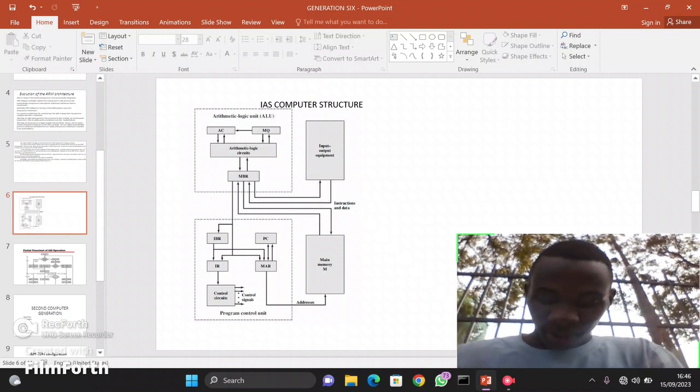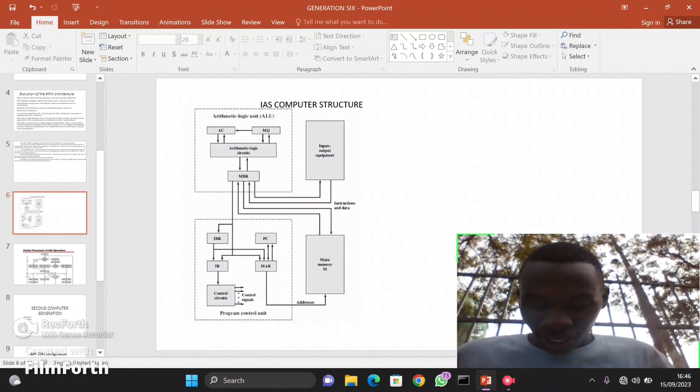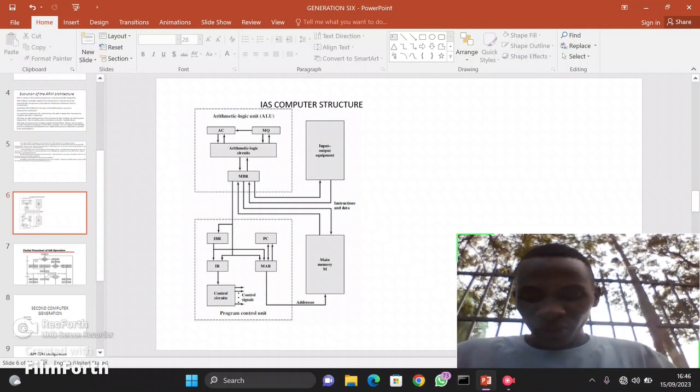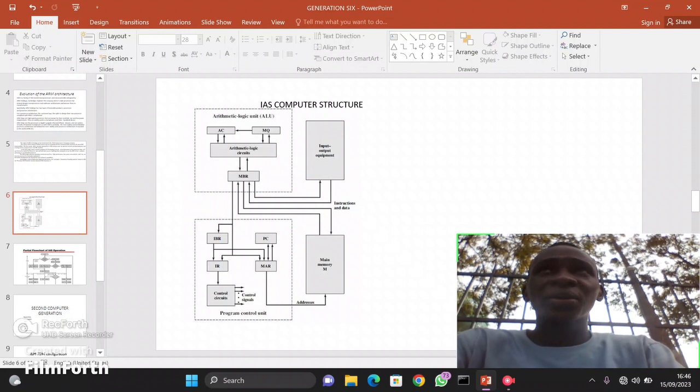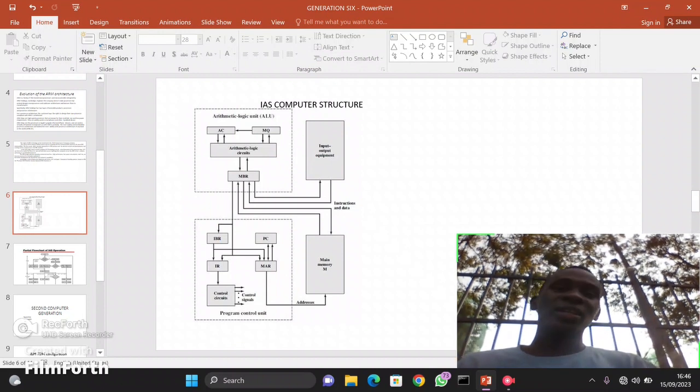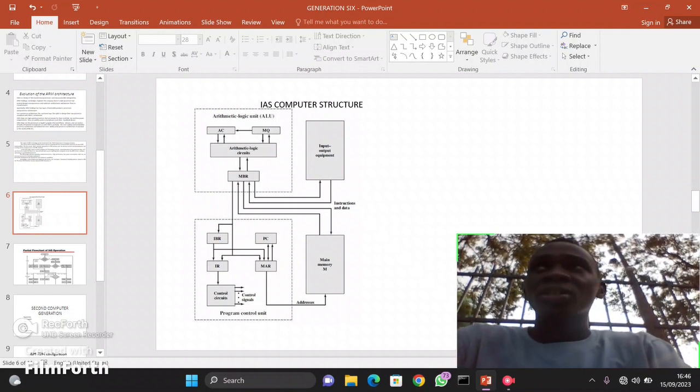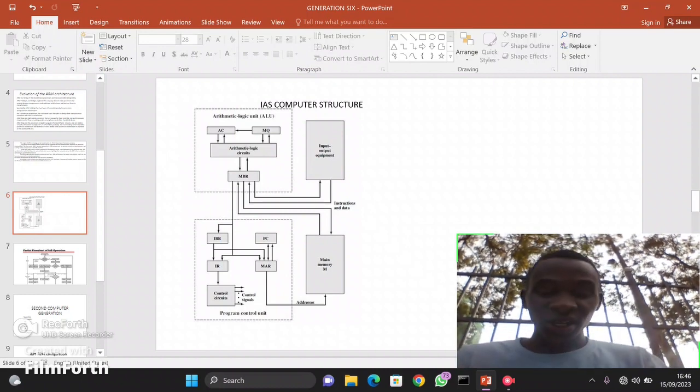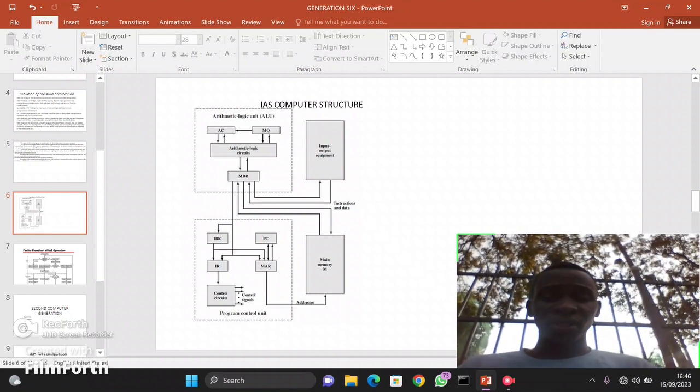The main concept is to identify the parts. As I told you, the memory of the IAS consists of 4096 storage locations, called words, by the way. A word is a memory location, so we shouldn't go into that.